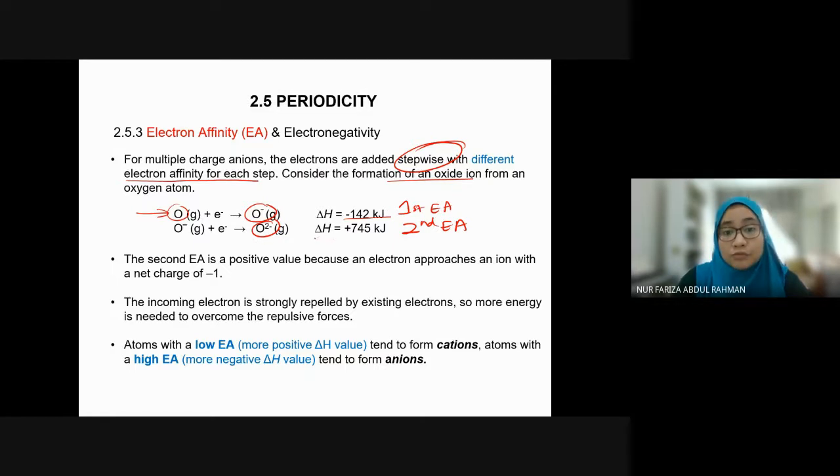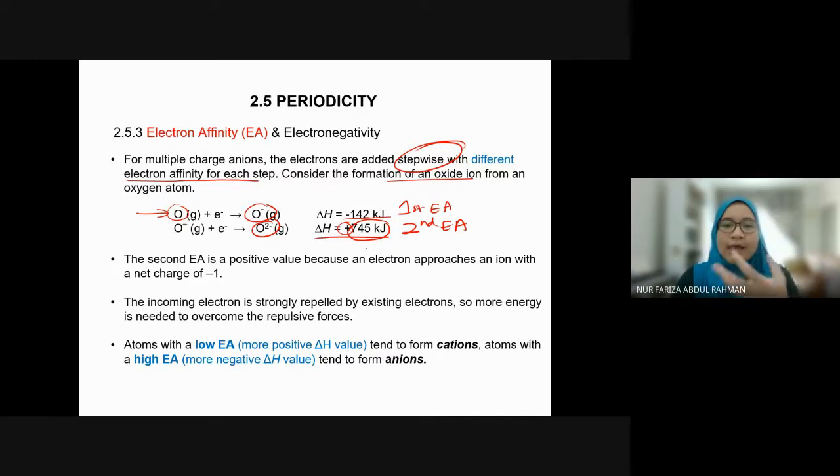Now let's look at the delta H, or the energy change involved. As you can see, it becomes positive here, and this is the amount of energy absorbed. Plus means the energy needs to be supplied. The ion itself requires energy in order to accept the electron.